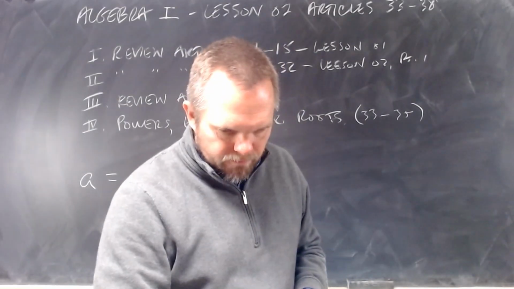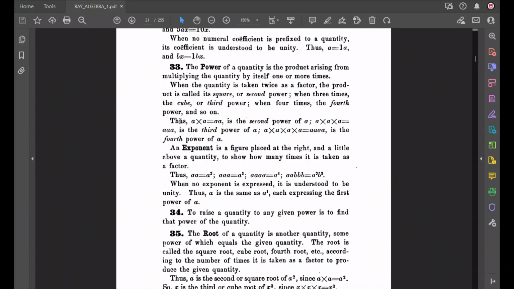Article 34. To raise a quantity to any given power is to find the power of the quantity. This is just teaching you the language of algebra. So if I say, find the second power of 4, what I mean is multiply 4 times 4 and find the product.